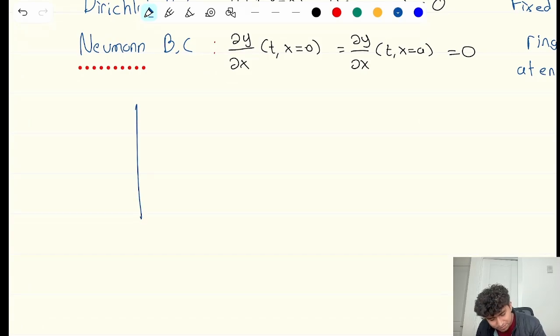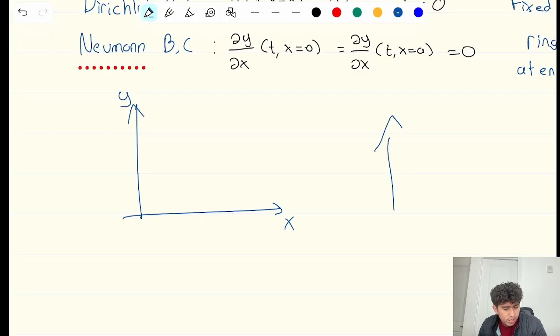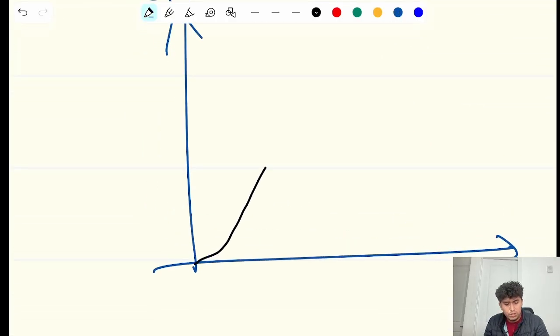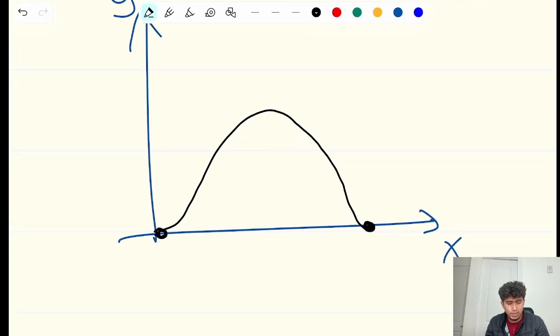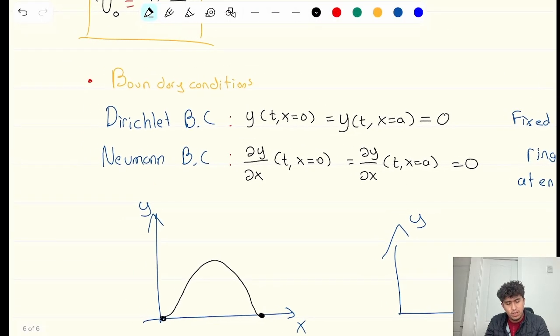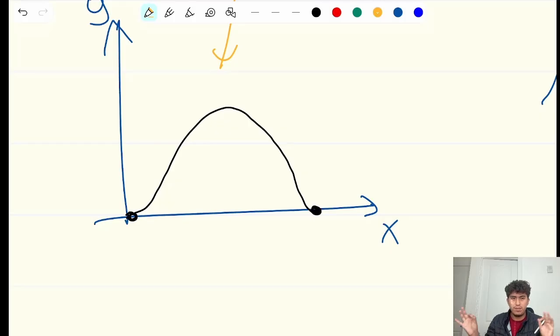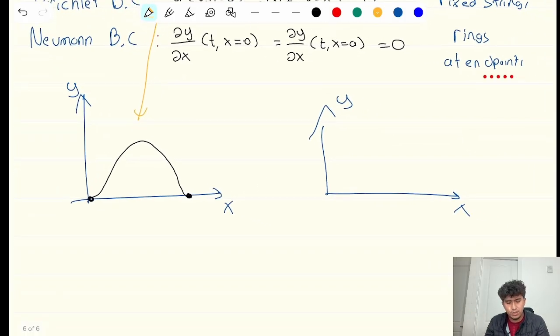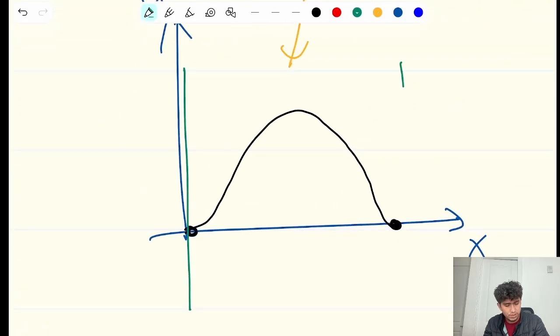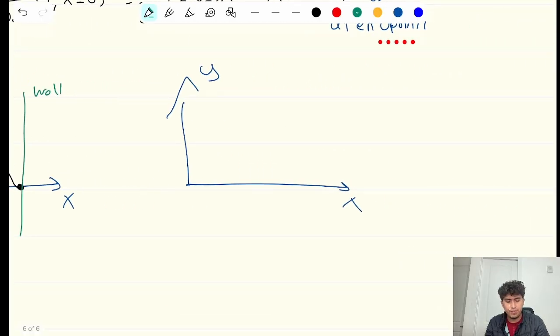Trust me. So let's assume we have x and y here and x and y here. You have strings attached at the endpoints. It doesn't have to be specifically these endpoints, but some endpoint. Here I put 0, but this is a Dirichlet type boundary condition where you have the string fixed at the endpoints, and you can imagine there's a wall fixing the string.